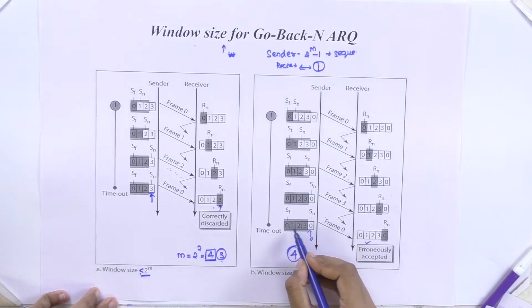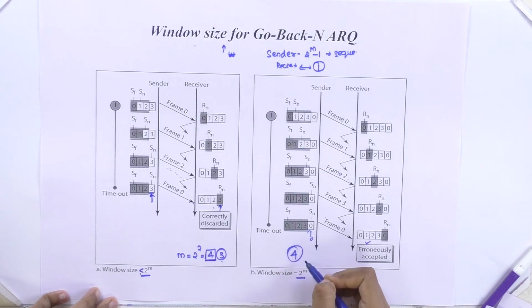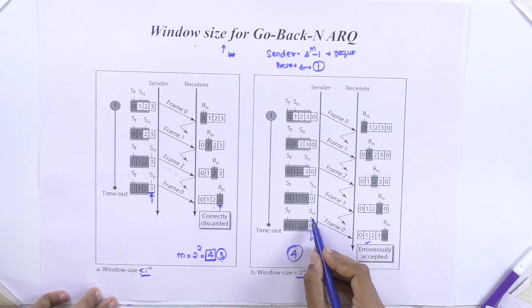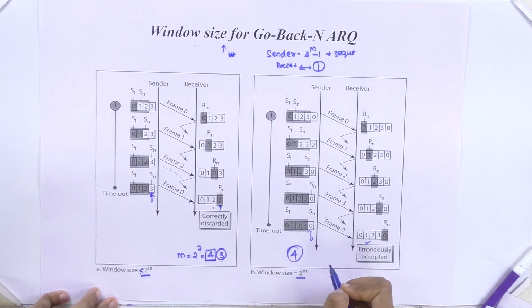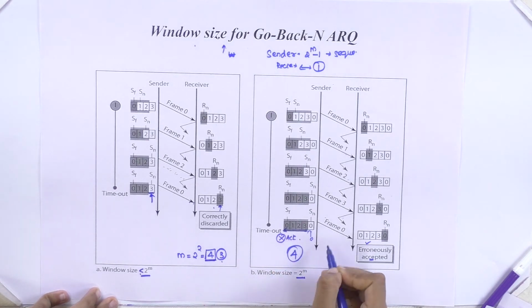Because my window size is over and the next sequence of my window has started, which means that the next cycle of my frames has started. So this will be accepted by the receiver, but for these frames I have not yet received my acknowledgement.